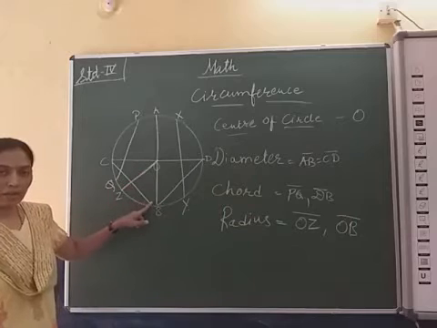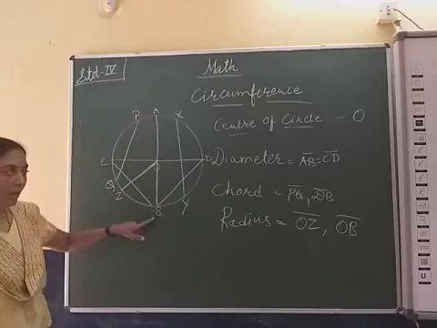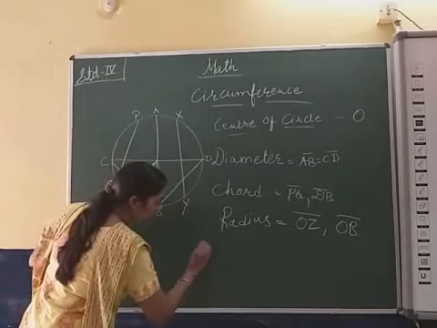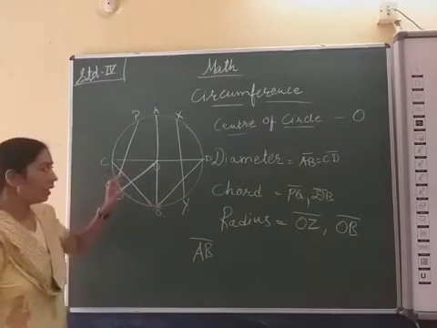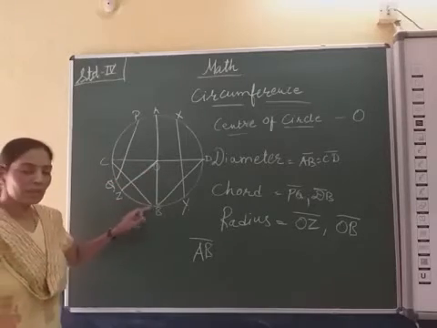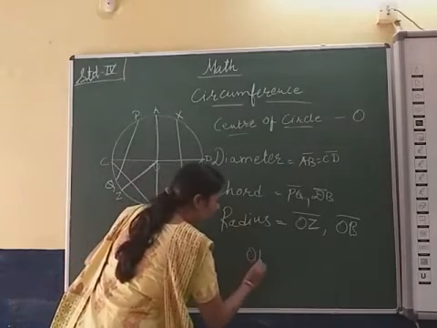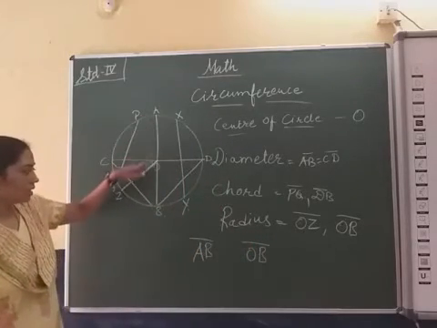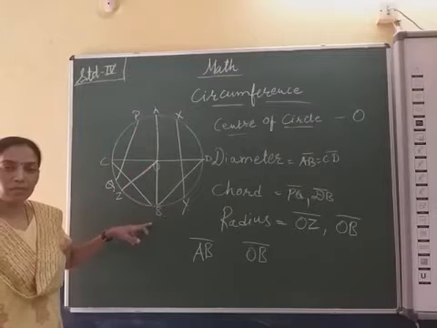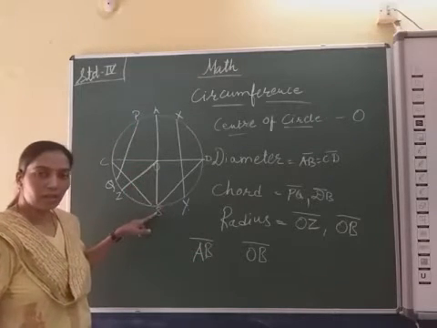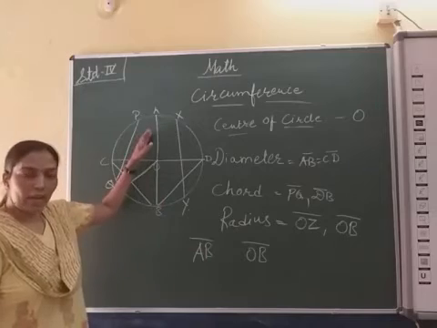OB is a radius and AB is a diameter. Line segment AB is the diameter of this circle and OB is the radius. So OB is half of this diameter.